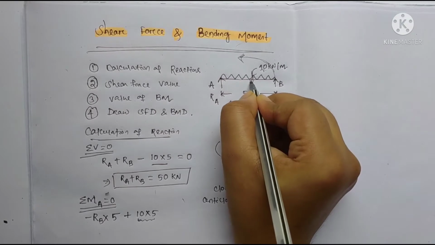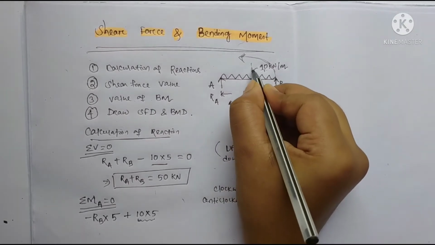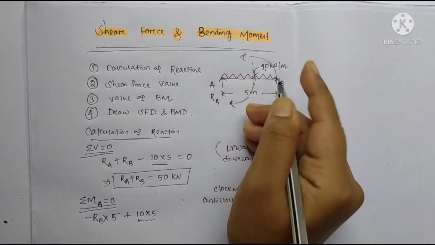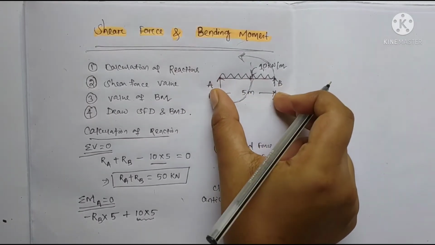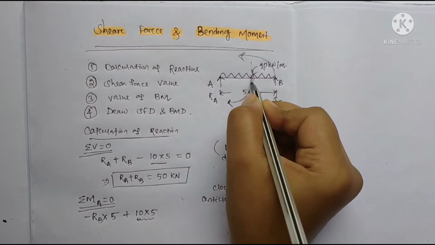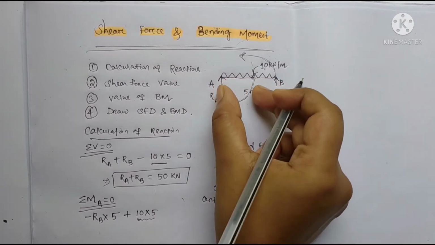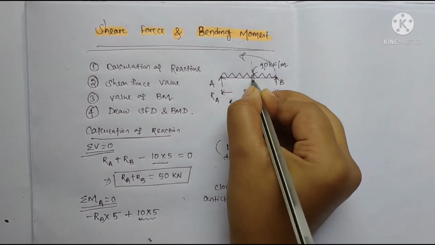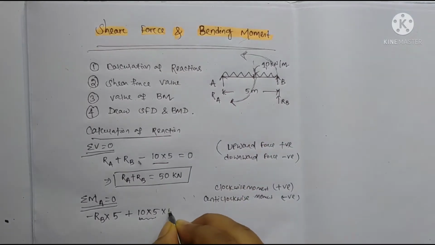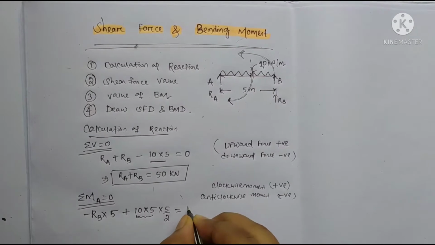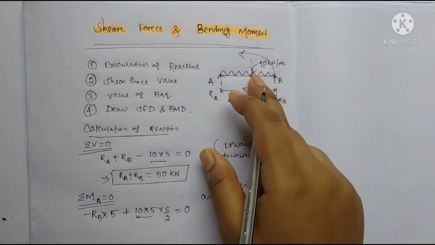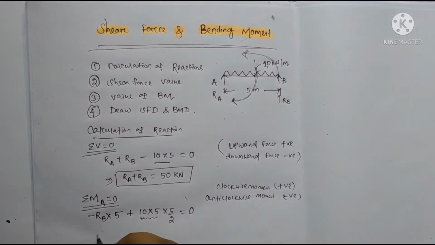The uniformly distributed load always acts at the CG of the load, that is at the mid span. If it is acting over 5 meter length, then its CG acts at half of the length, that is 2.5 meter. So that will be equal to 0 because there is no other further loading.